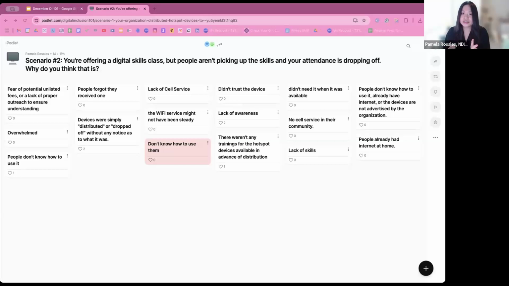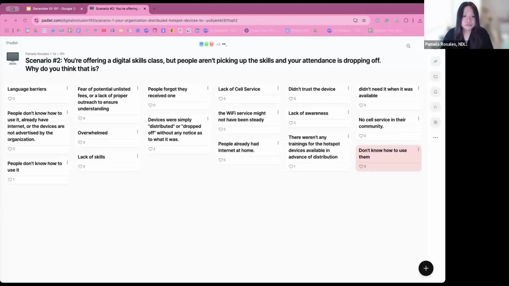So why do you think that is? What are some possible reasons for why people aren't picking up those skills or are just not showing up to the digital skills class? And again, you can share your answer on the Padlet, or you can also share it in the chat as well.